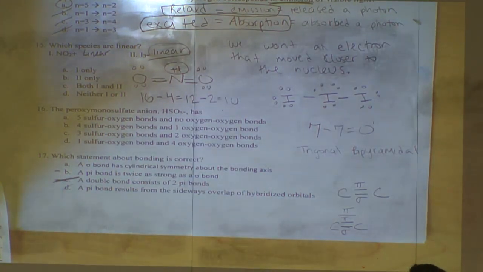Pi bond is the second bond of a double bond, plus pi. Yes. So technically it's not a double bond by itself. A pi bond makes a double bond, and it can also make a triple bond, if that makes sense. Exactly. There you go. So B would be wrong. Exactly. Very nice.